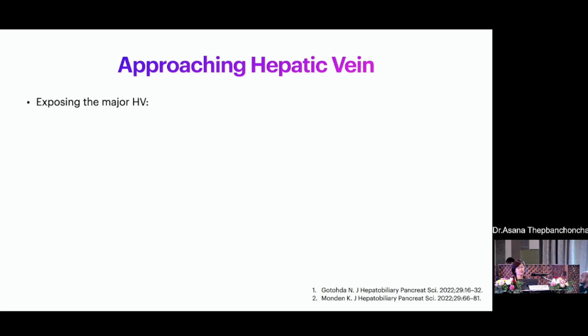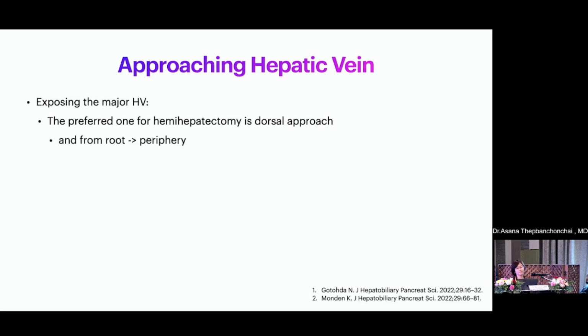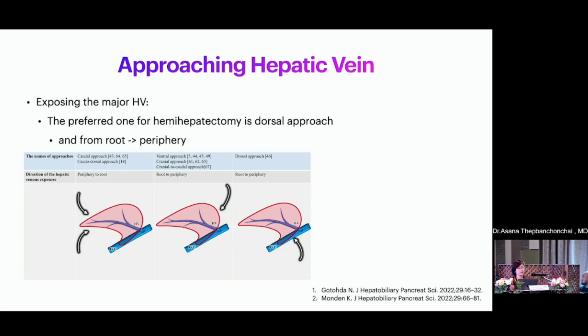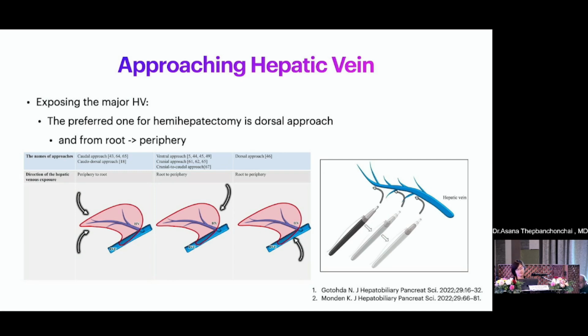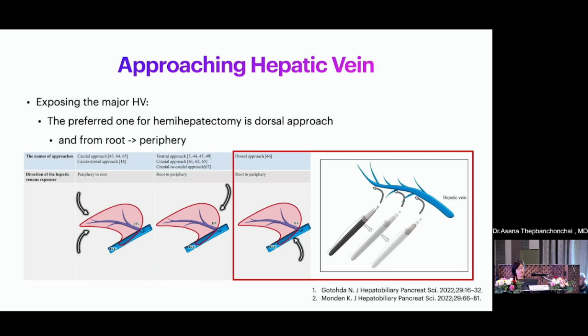Various techniques have been developed for hepatic vein guided approaches. For the hemihepatectomy, we might prefer to do the dorsal approach and score the device from the root to periphery, like this.